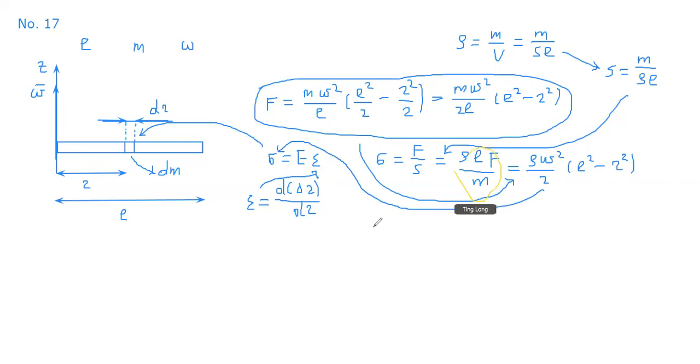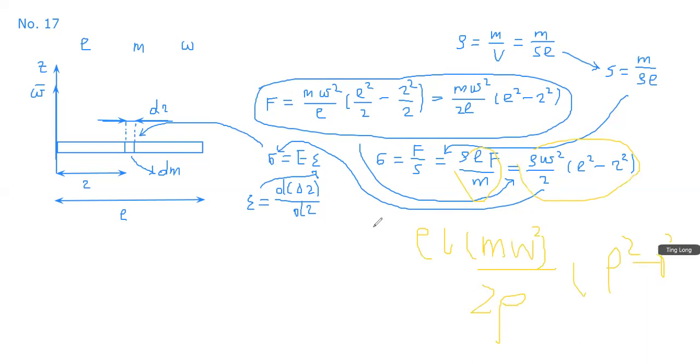Here, this to this is rho L, M omega divided by 2 rho.